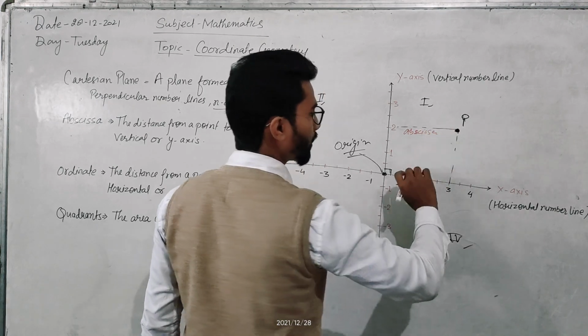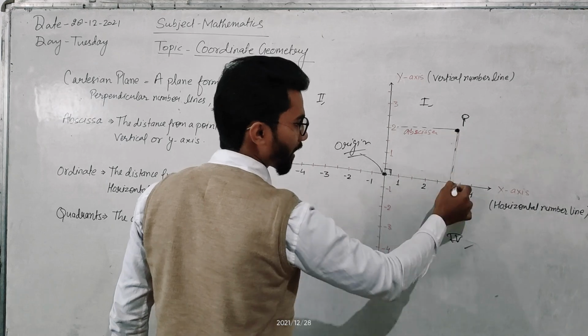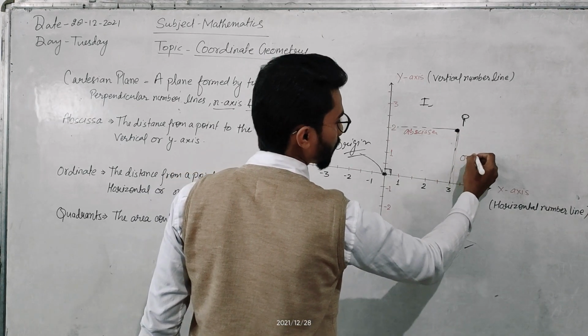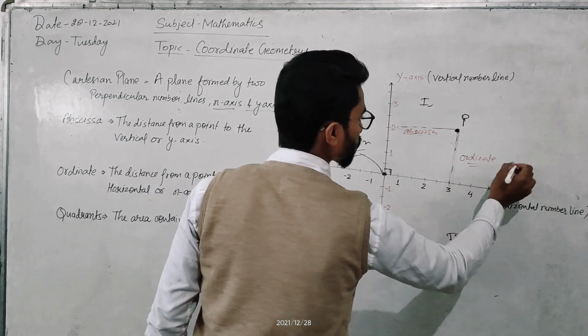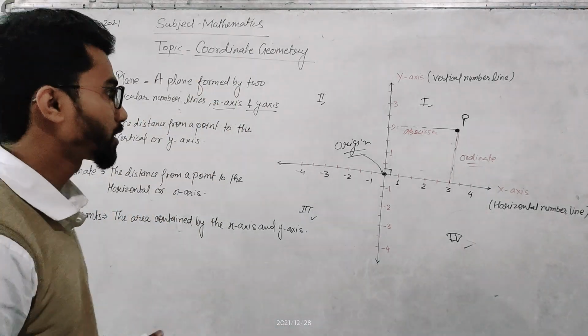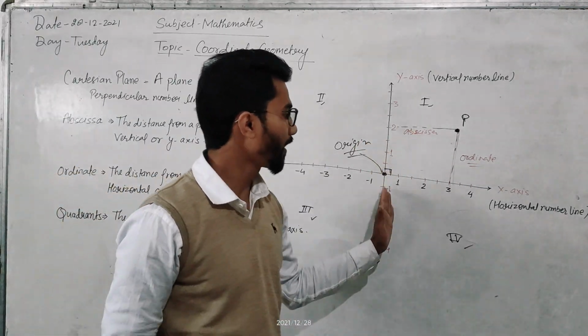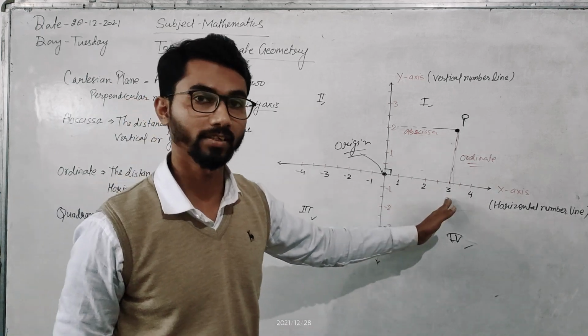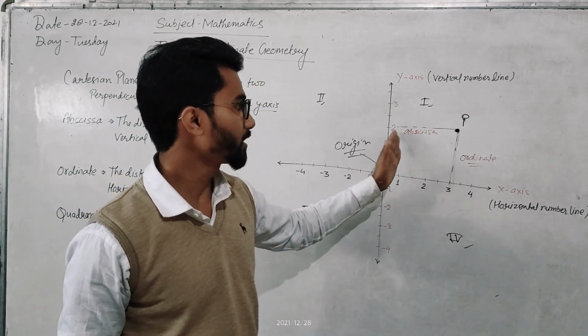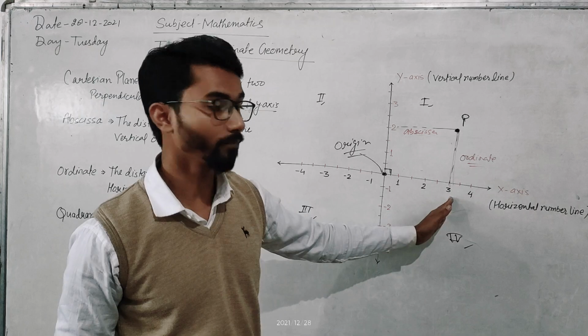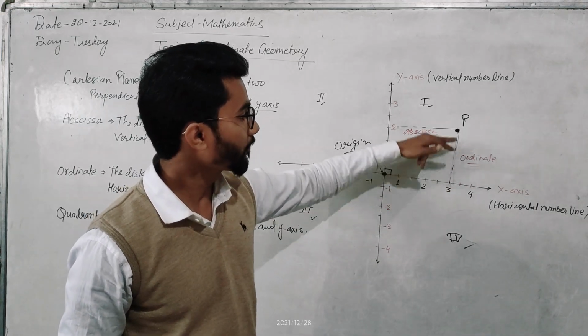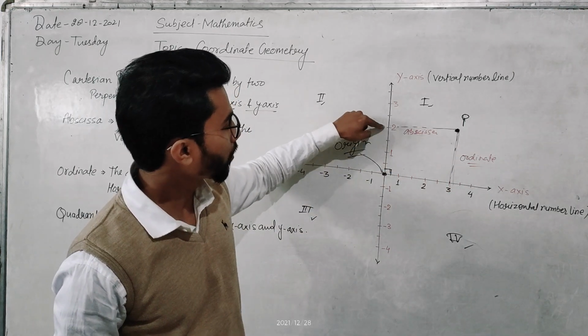Okay, and the perpendicular distance from the x-axis is known as ordinate. So students, what do you mean by abscissa and ordinate? Abscissa is just a value on the x-axis number line, and the ordinate is the value on the number line of the y-axis.